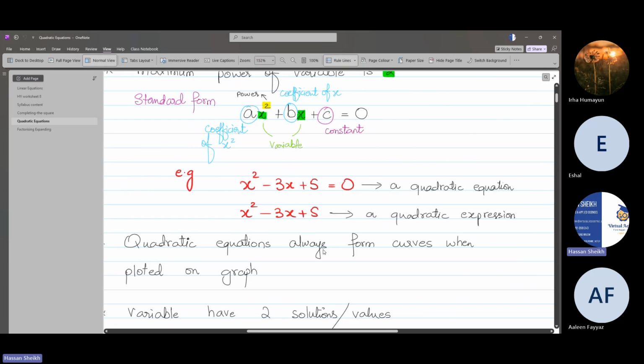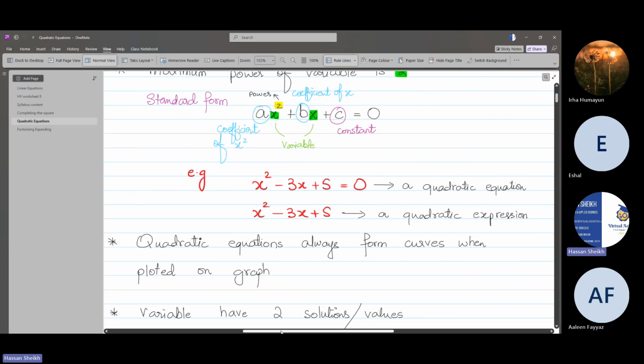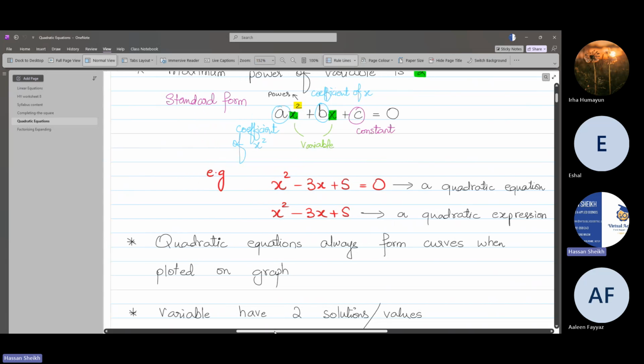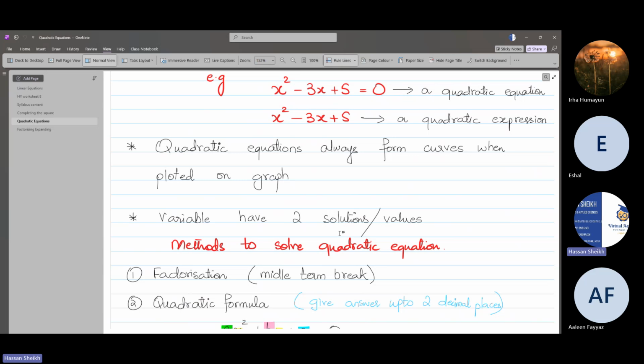Now, an example is x squared minus 3x plus 5 equals 0. This is a quadratic equation. x squared minus 3x plus 5 is a quadratic expression. Always remember that quadratic equations form curves when we plot them on a graph. These are some of the salient features of quadratic equations.